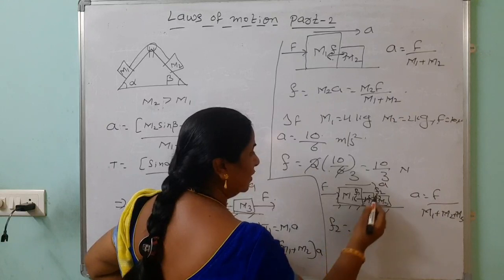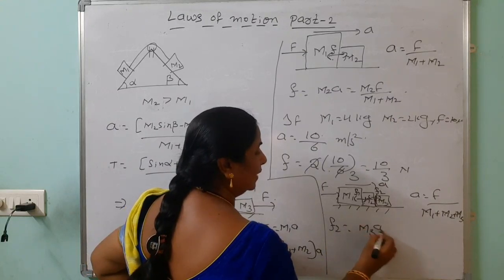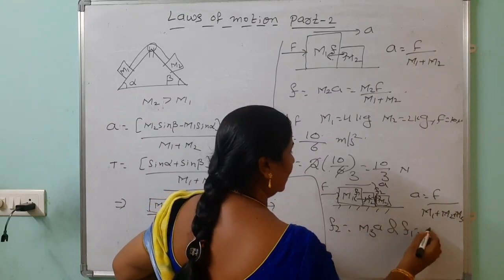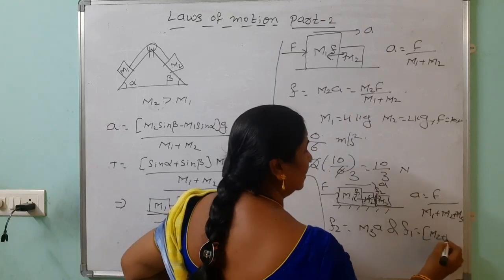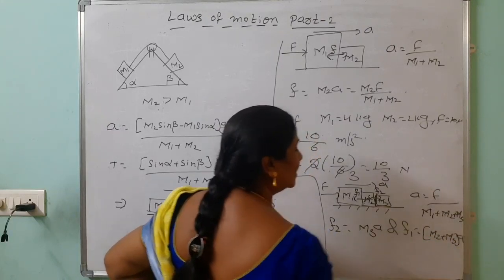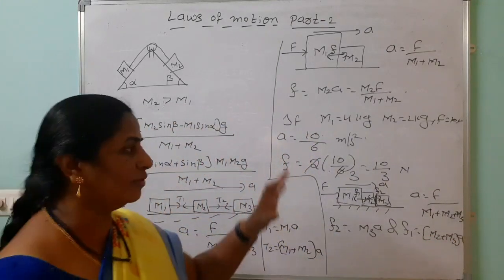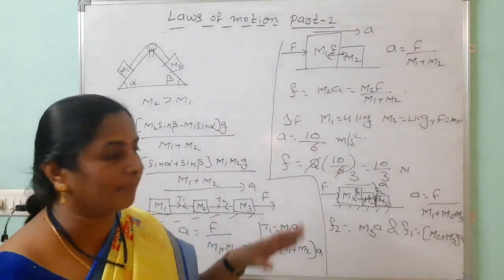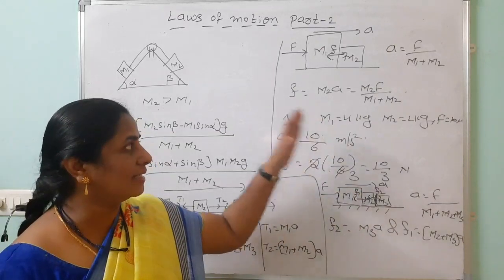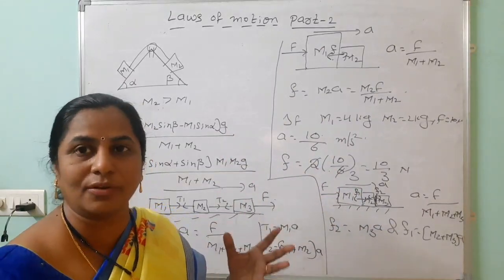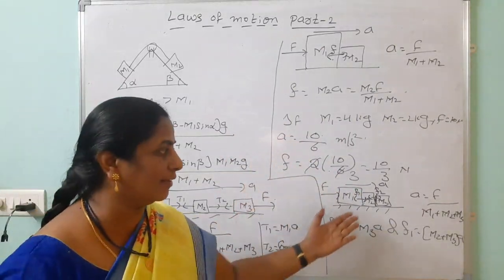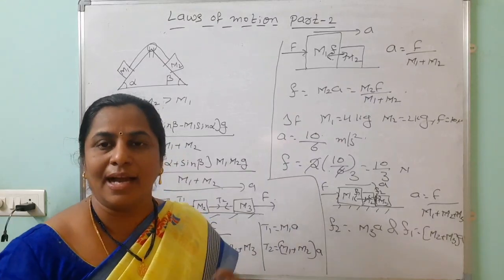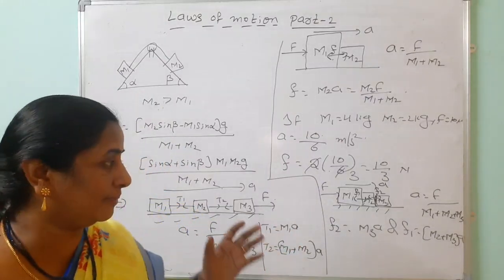F2 equals only this one, meaning M3 into A. And F1 is how much? Both, M2 plus M3 into A. So depending on the situation we can find the tension. Tension is the force exerted by this rope. And in the case of connected bodies without a rope, we can also find the contact force and acceleration like this. I hope you understood this concept.